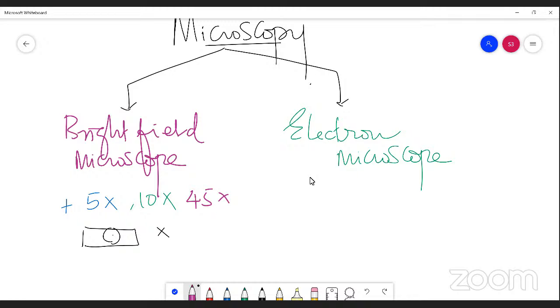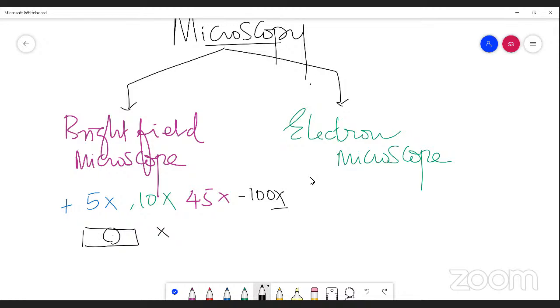And the last category is 100x. Just imagine, a normal object can be increased in size 100 times. That is indicated by 100x. So x is nothing but the normal size of an object when we place it under the microscope. That is called 5x, 10x, 45x and 100x.